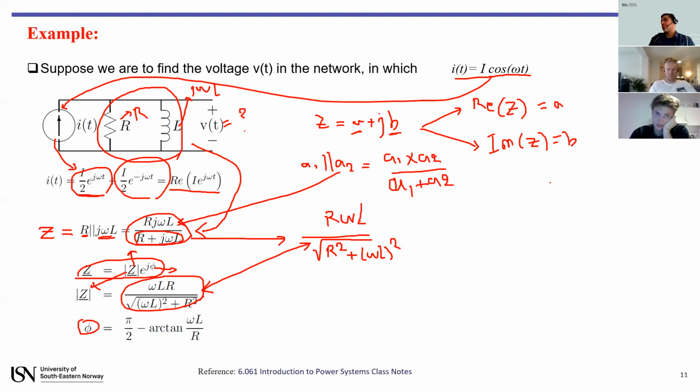I want to ask you, suppose that we have exponential J0, not 1.